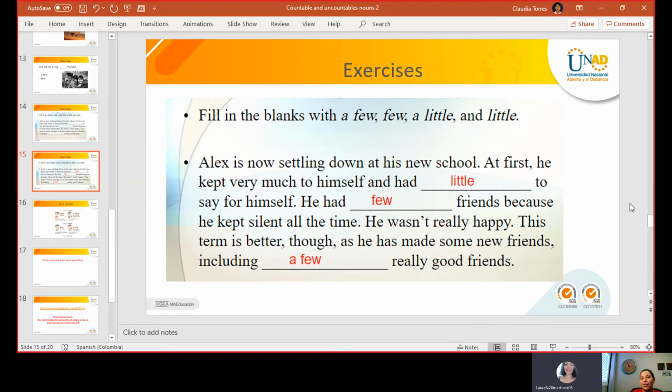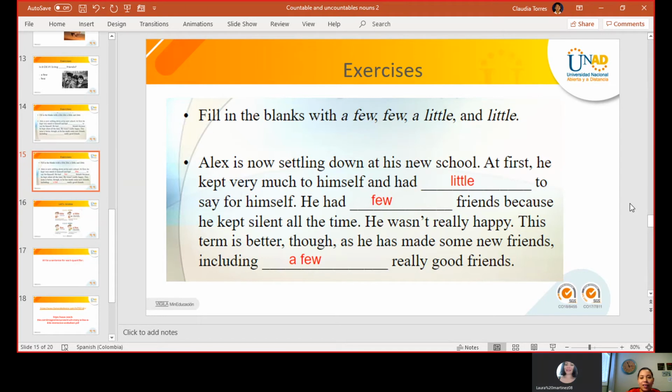Okay, so pay attention here. In the first one, at first, he kept very much to himself and had little to say for himself, right? Little, because you're talking about words, what he said, something you cannot count.